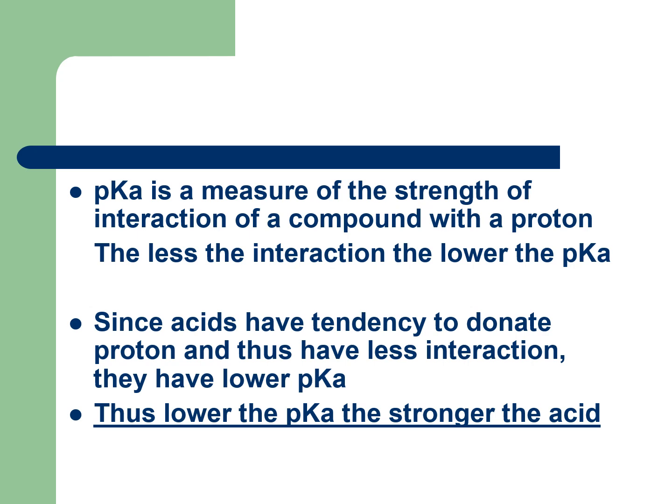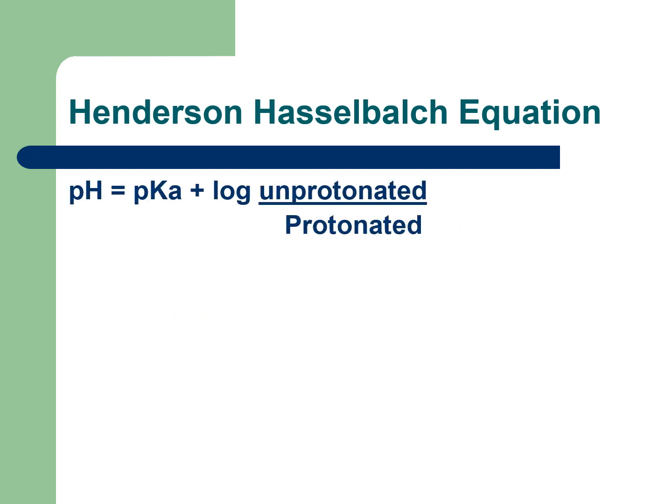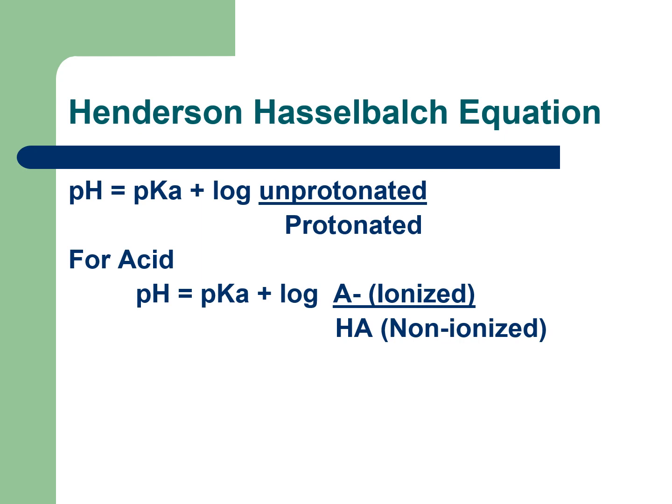So what is pKa? It's a measure of strength of interaction of a compound with a proton, but an acid is readily giving its proton, so the lower the pKa, the stronger the acid. Okay, and opposite for the base. Henderson-Hasselbalch equation is pH is equal to pKa plus log unprotonated form over the protonated one. For acid, we have just seen that the unprotonated form is A negative, which is ionized.